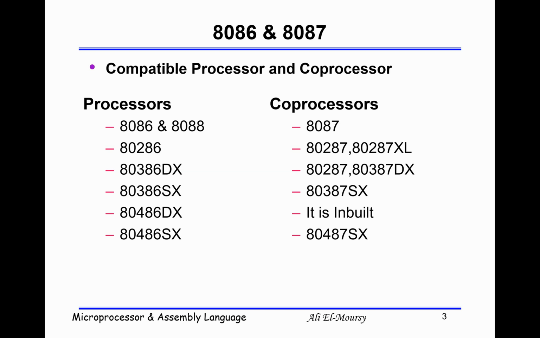So the later processors use different names for those coprocessors. But since all of our class is talking about the 8086 and 8088, we will discuss in more detail the 8087 coprocessor.